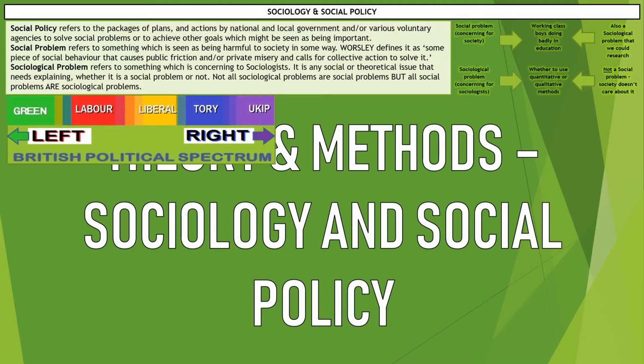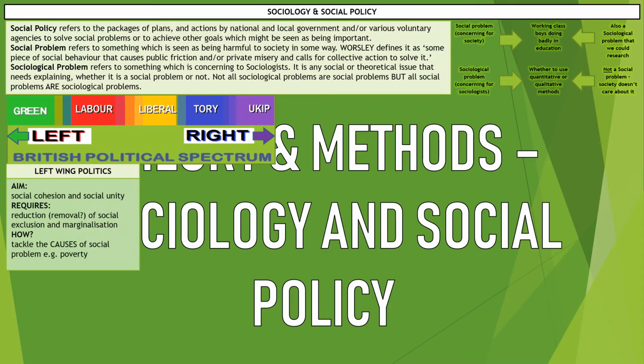Now, when it comes to politics, there are two big branches of politics. So we have the left wing and the right wing, and in the British political spectrum, there are lots of parties across this spectrum. Left-wing politics tends to encourage or create social cohesion and social unity. Often it requires a reduction or a removal of social exclusion, of marginalisation, and often they try to do this by tackling causes of problems in society, such as poverty.